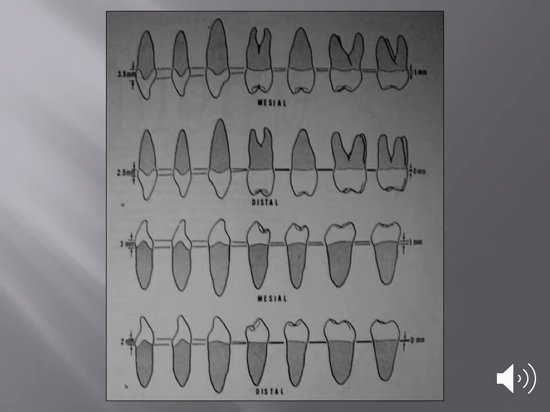Look at here in the first row of teeth, the central incisor, there is a curvature on the mesial surface of the central and lateral and canine teeth. As you go from anterior teeth to the posterior teeth, that curvature becomes less and less. In the premolars, it's almost flat, and on the molars, that curvature in the mesial and distal is already flat. But on the incisors, it's curved.